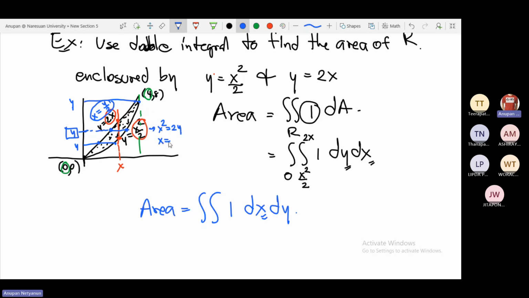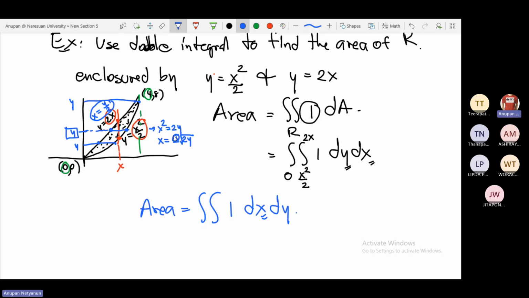You have x equal to plus or minus square root of 2y. But once you have this, you can see that for this parabola, your x is always positive. You don't have negative on this side. You only have positive here. So you select the positive one only.